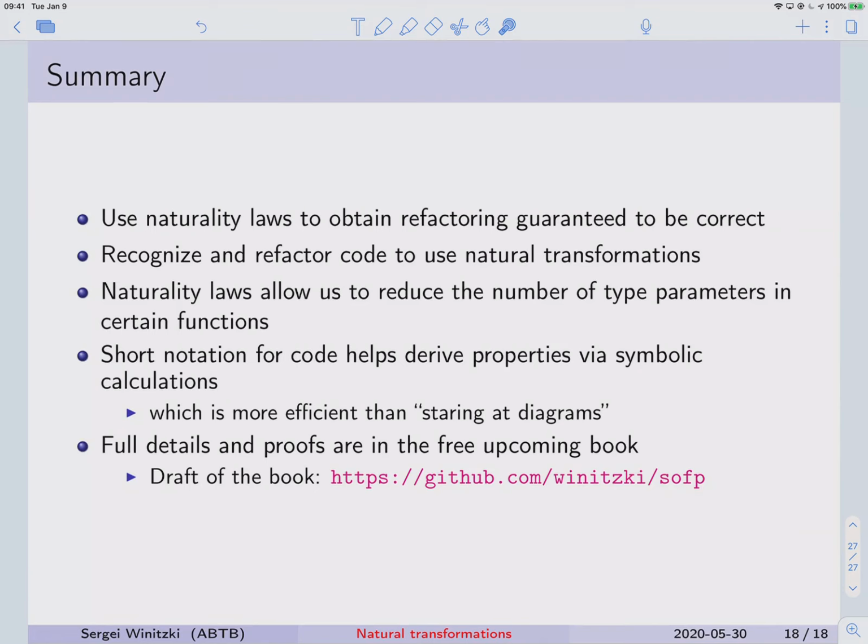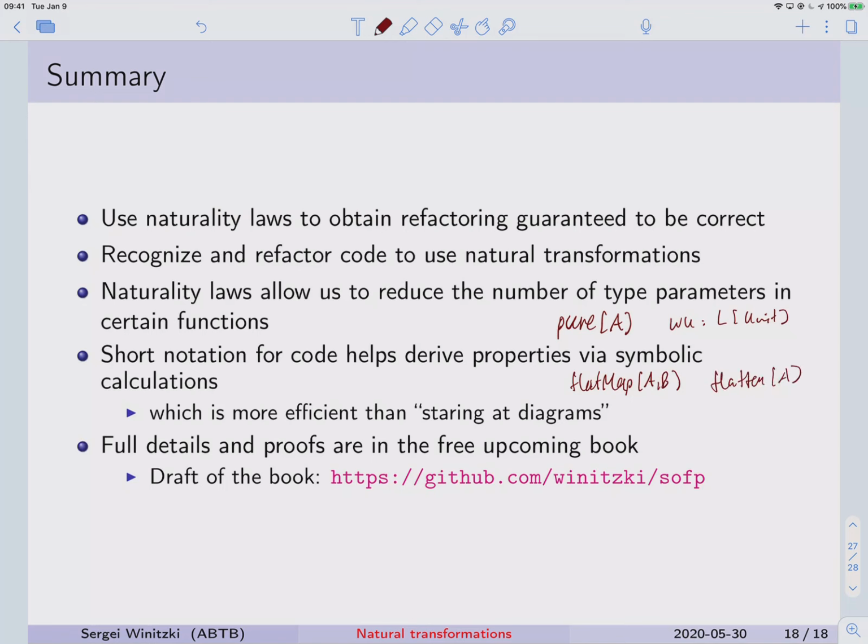So I have shown how to use naturality laws to refactor code to obtain simplified versions of some functions, to reduce the number of type parameters. For example, if you remember, the pure method had a type parameter A, but the wrapped unit has no type parameter. And flatMap has 2 type parameters, but flatten has 1.